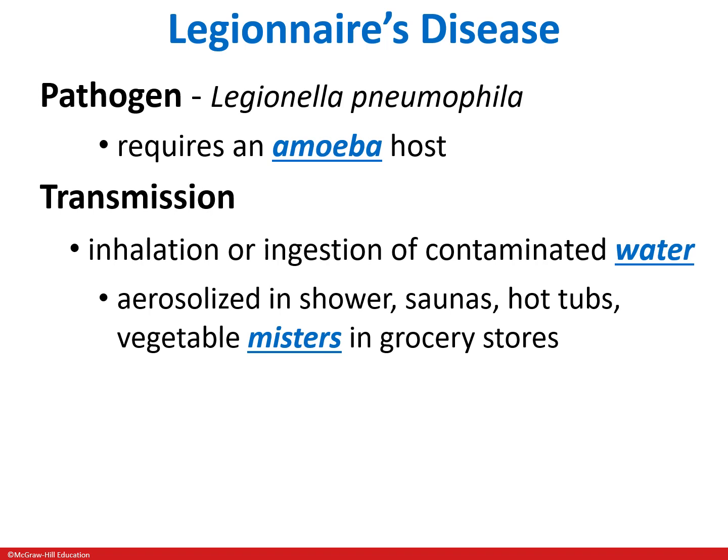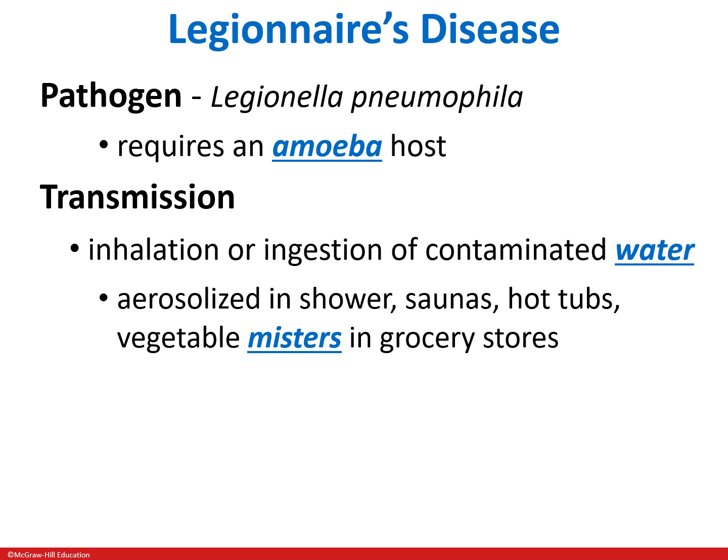But since then, we've also found that cases can be transmitted in saunas and hot tubs, any place where the water gets aerosolized, as well as in ingesting vegetables that have been misted with contaminated water. So if you've ever gone through the produce section of a grocery store, that little fine mist that is released onto the vegetables, if that water gets contaminated, then those vegetables are now contaminated.